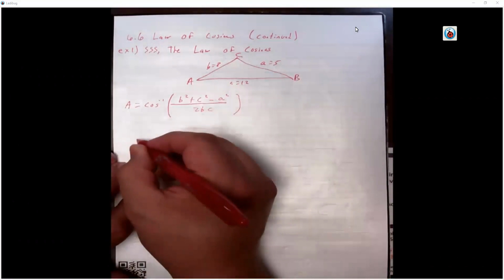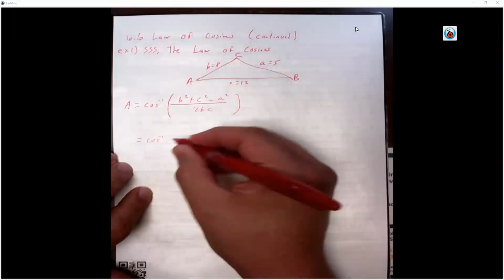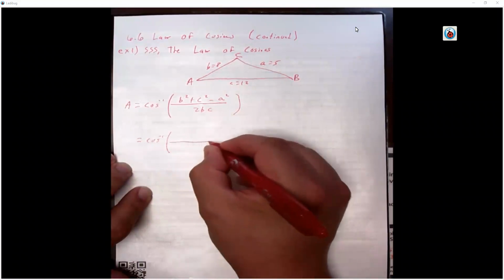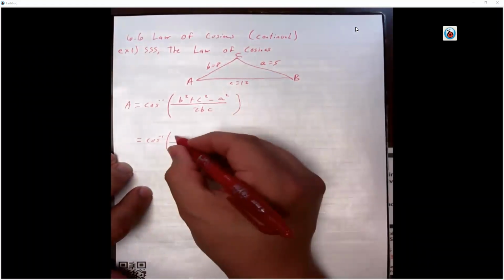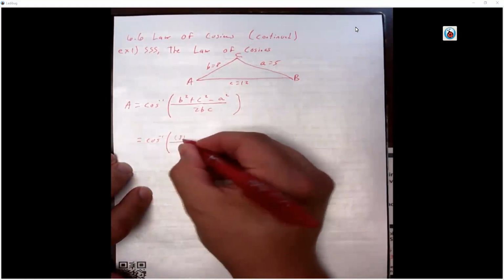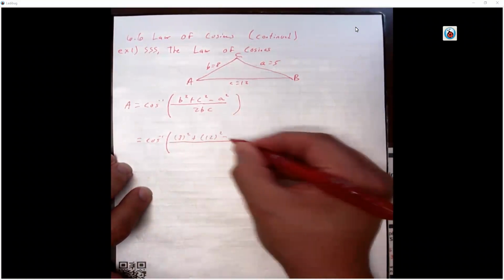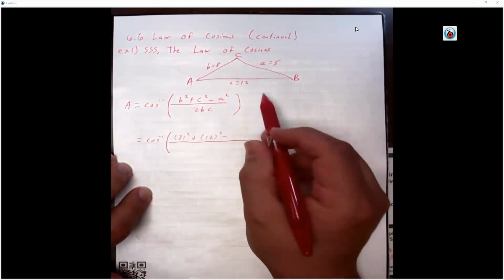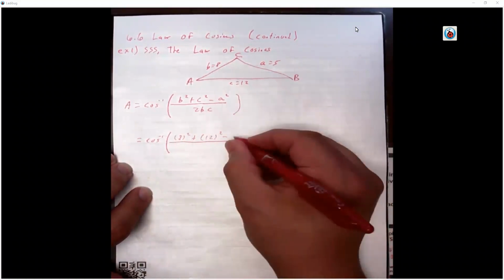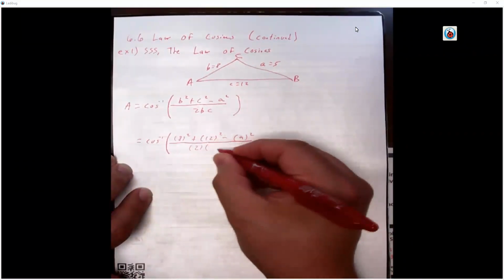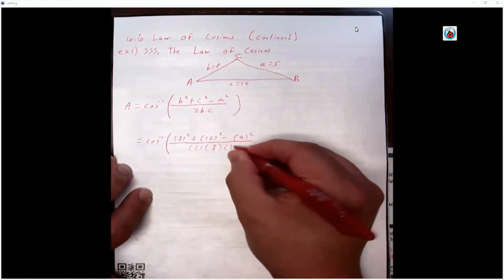Then that will be cosine inverse of, plug in all the numbers. B is 8 plus C minus A over 2 times B times C.